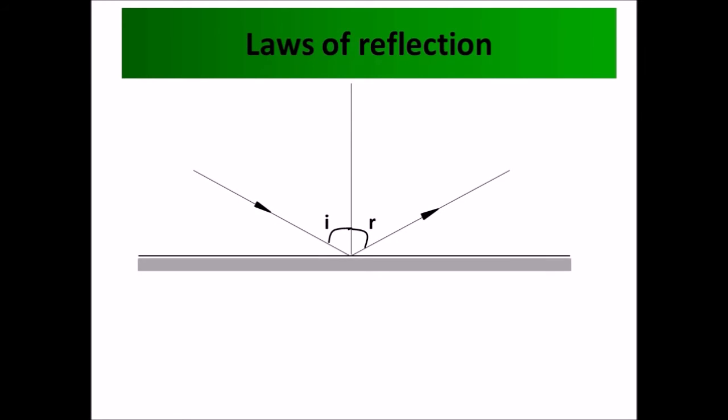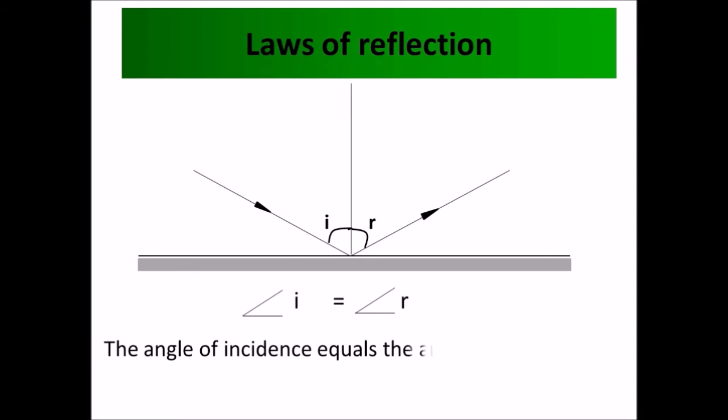What is common among them, considering the angle I and R? So you notice that angle I equals angle R, and this is what constitutes the first law of reflection. The angle of incidence equals the angle of reflection.